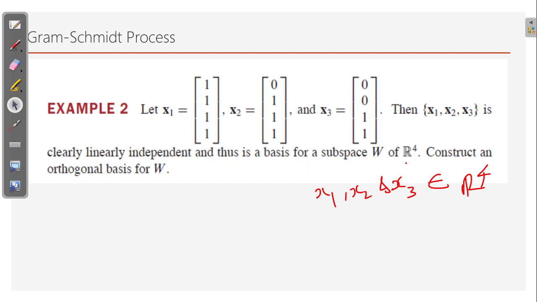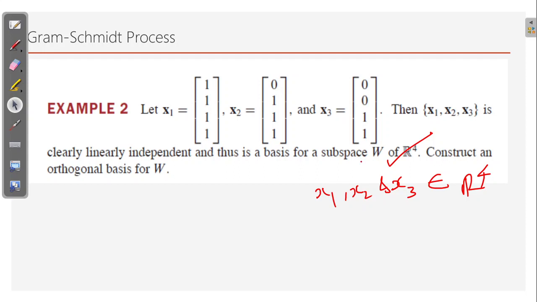Then the examiner is asking you to find the orthogonal basis for the subspace W of R4.